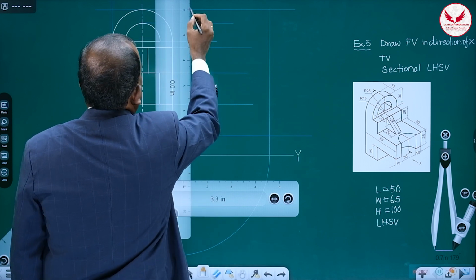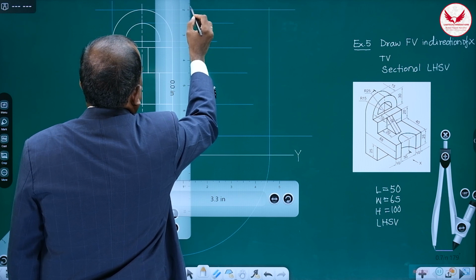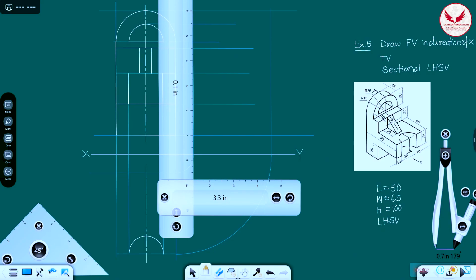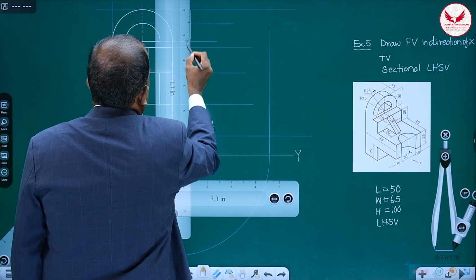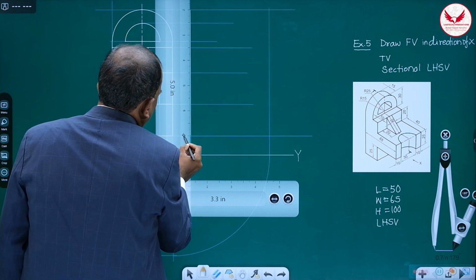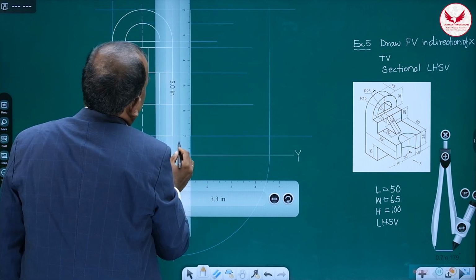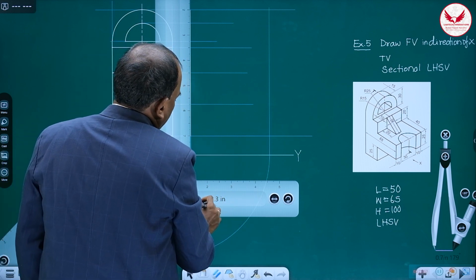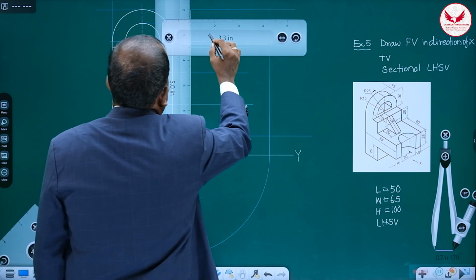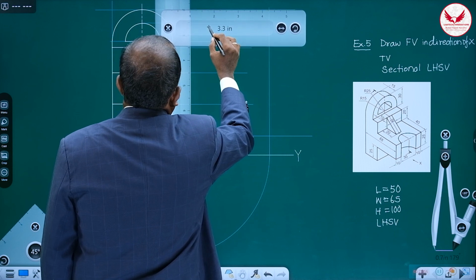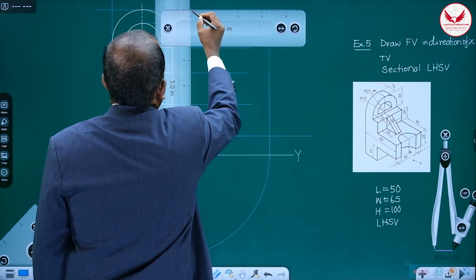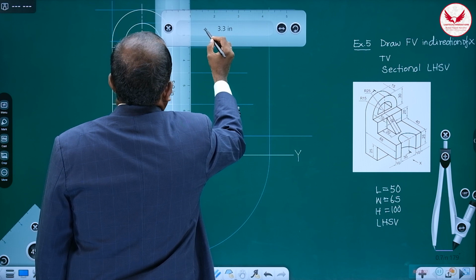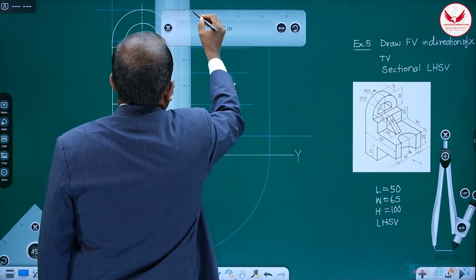In the side view, start right at the top, right from the top up to this, it's 100. Then if you see its width of this top portion from this, it is 15. From this, it is 15.